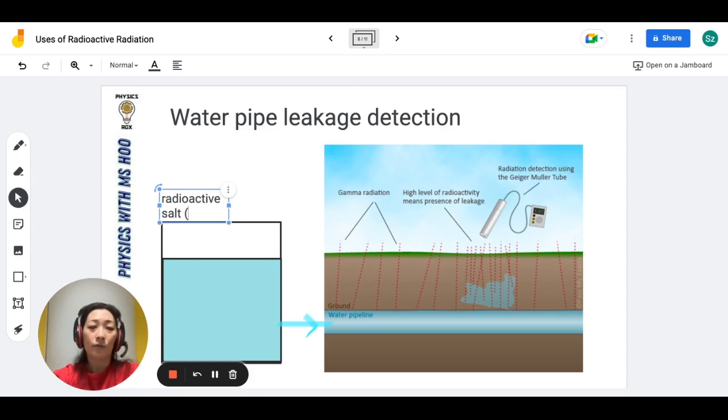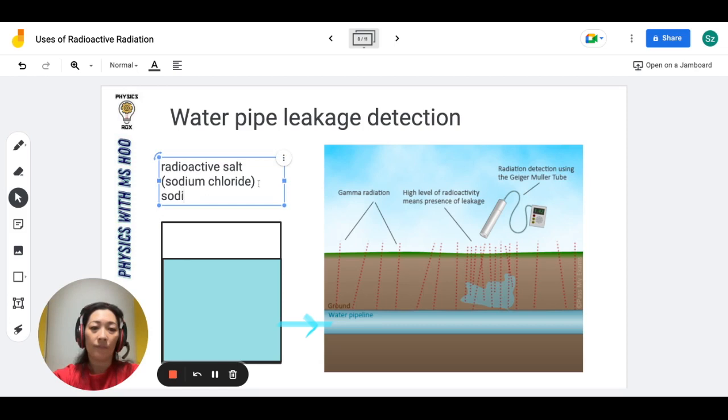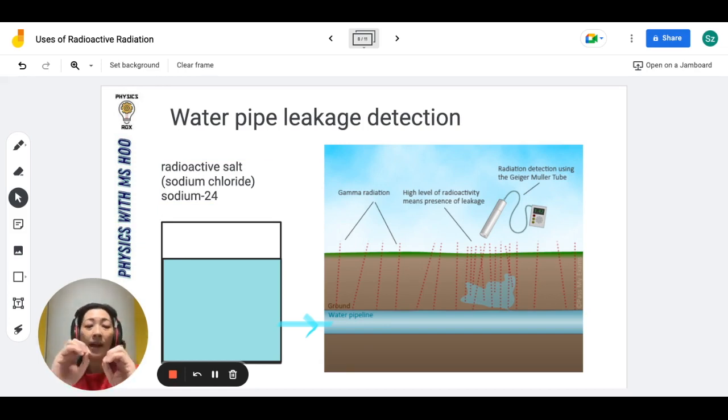Salt is normally sodium chloride, so the sodium ion in this case is the radioactive material. We normally use sodium-24. That means in sodium chloride, the sodium ion is a radioactive sodium.